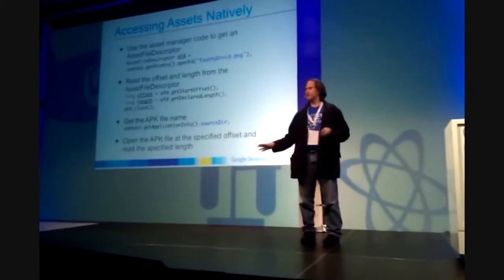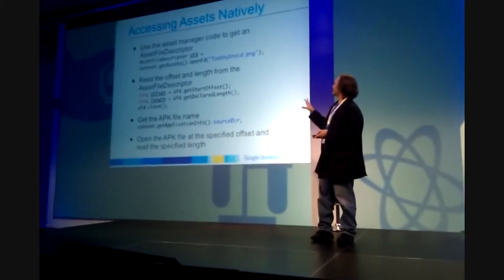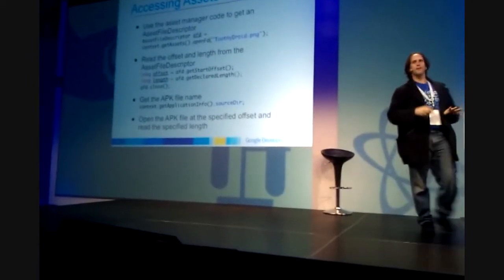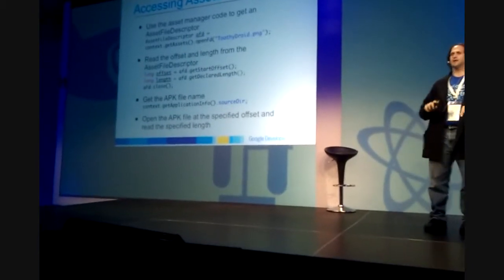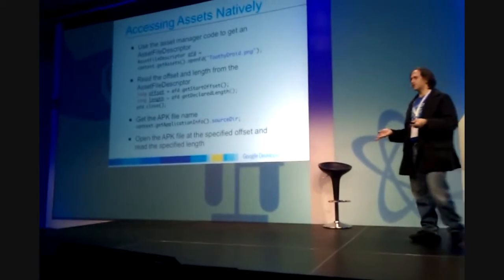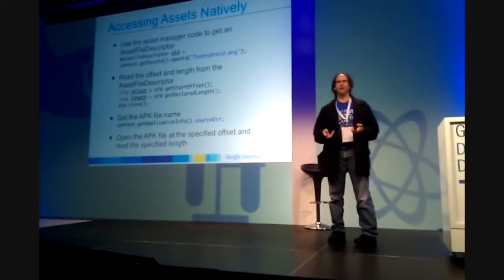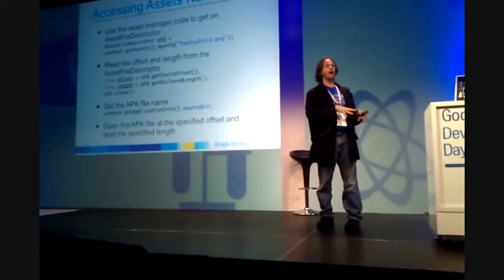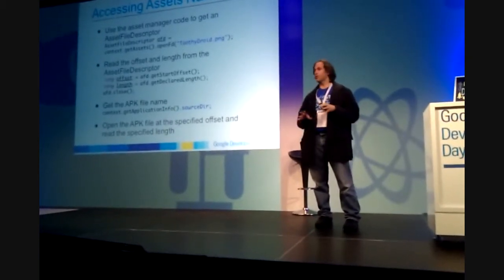And okay, let's talk about asset management. A lot of people are asking, what is the best, most compatible way to get to assets from native code? Because you're distributing a game, and you've got some options for how you distribute your assets. One is you can compile it into your code. This is really, really bad.